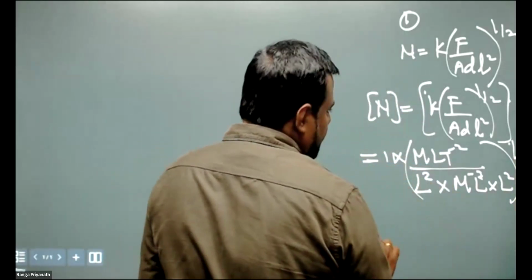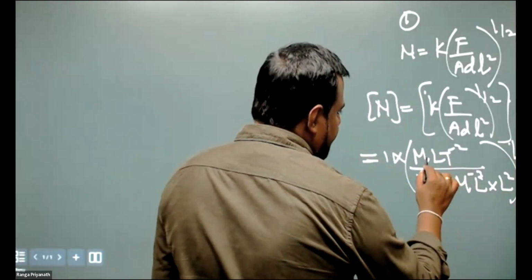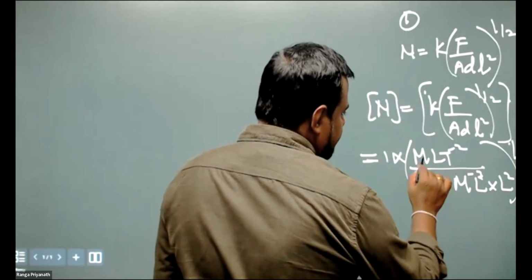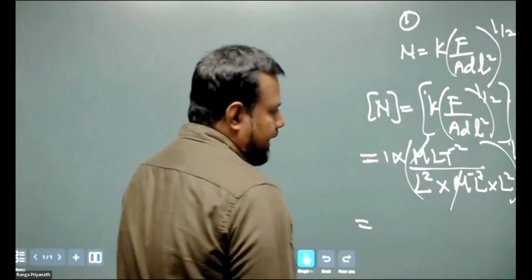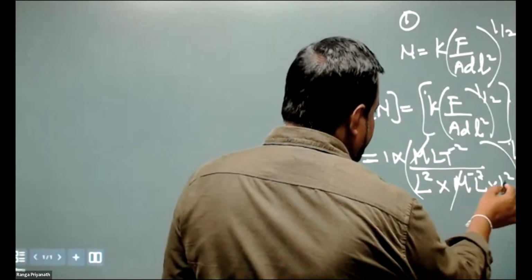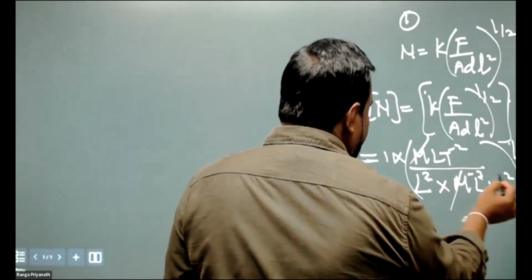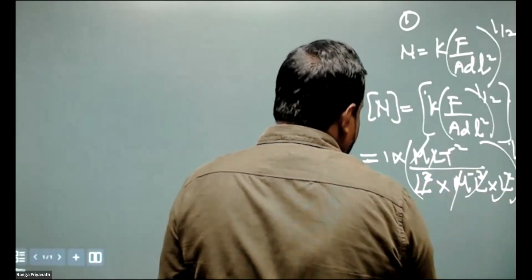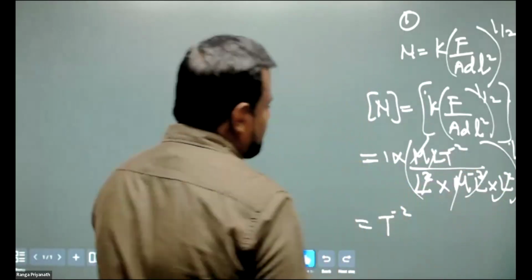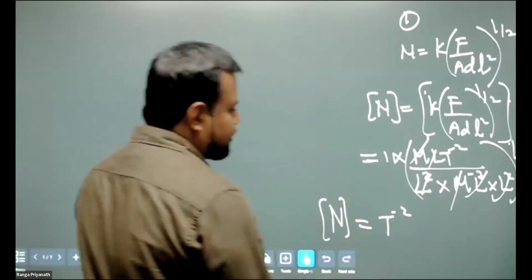So what do we get? When you simplify that, M cancels. You have L2, L3, L2. That is L4, and you have L here. So all are cancelling. T minus 2 is the dimension. So the dimension of N is given as T minus 2.